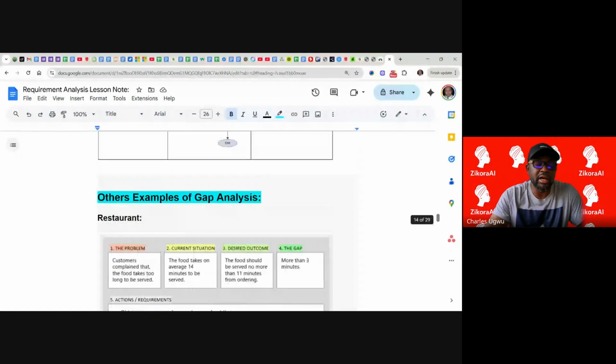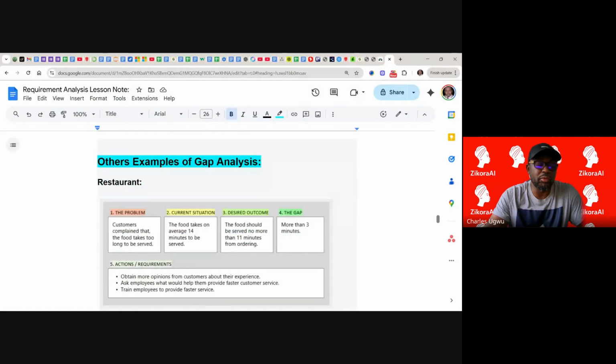But like I said, we've started with gap. We know what a gap is, trying to identify gaps. We have other examples, like looking at food. I say that a gap can not only be in software development, it can be in any state. You can find a gap in any process.